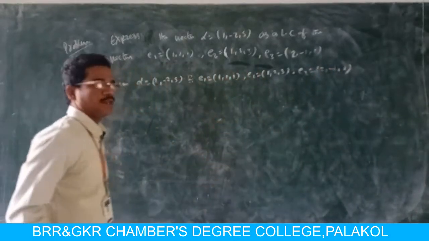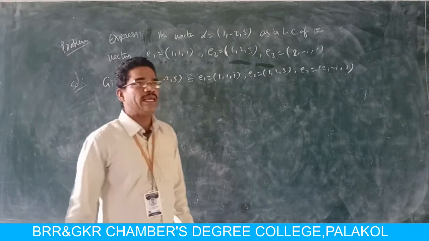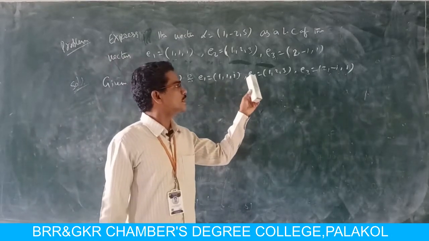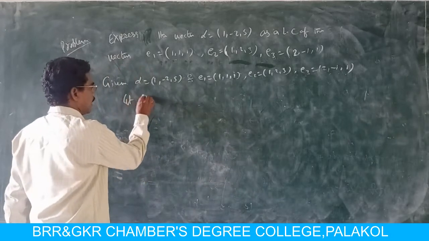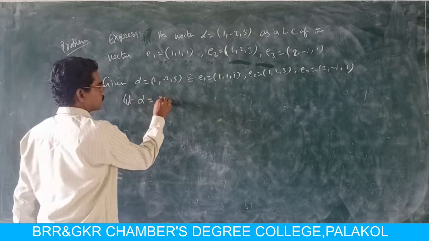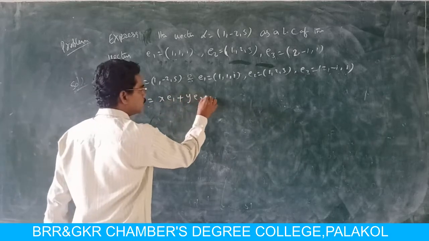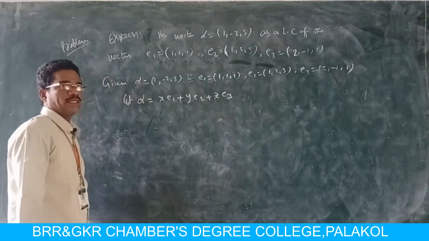Here it is given. Now suppose alpha is a linear combination of the given vectors E1, E2 and E3, then let alpha equal to x E1 plus y E2 plus z E3. Here x, y, z are scalars.